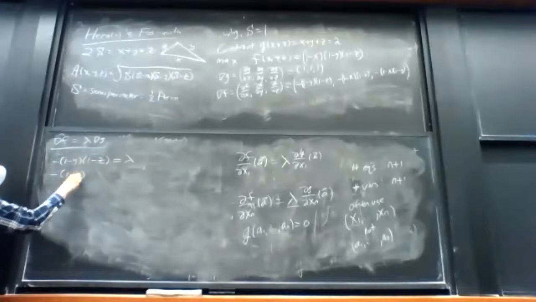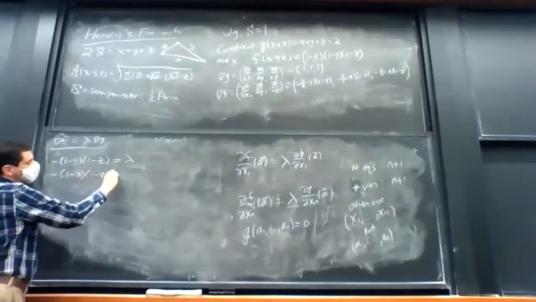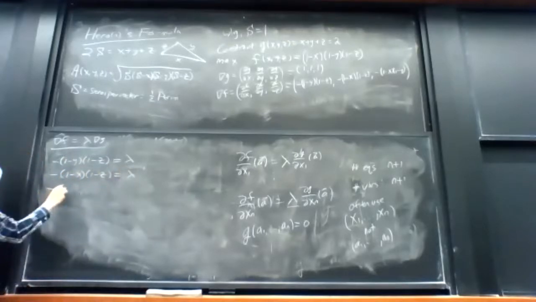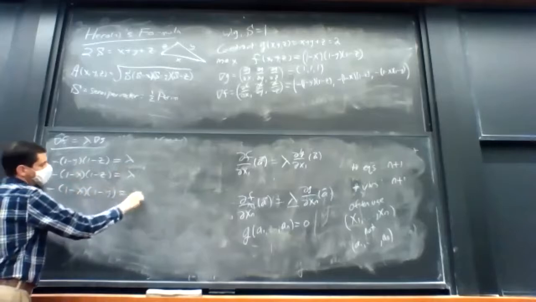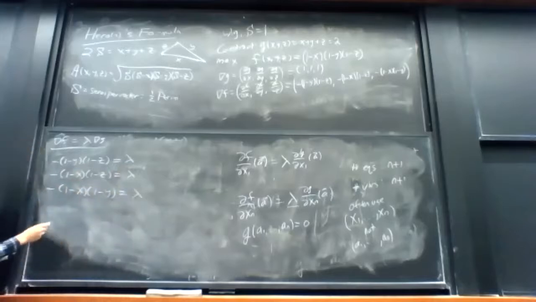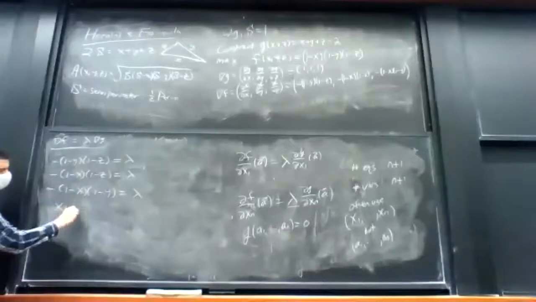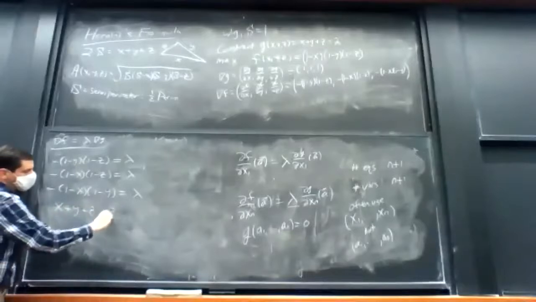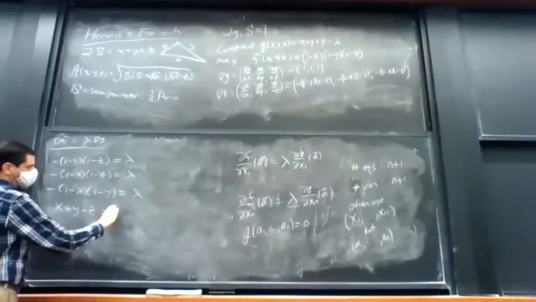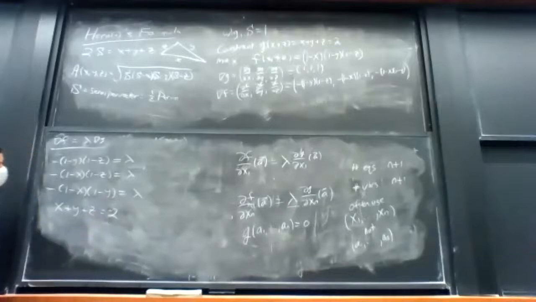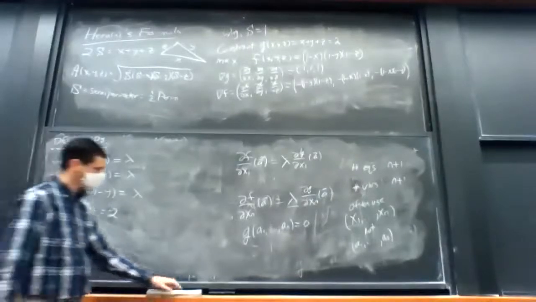Negative 1 minus x, 1 minus z equals lambda. Negative 1 minus x, 1 minus y equals lambda. And then our constraint, x plus y plus z equals 2. When you look at this, any thoughts about how to solve this?